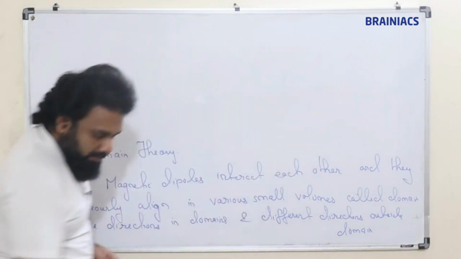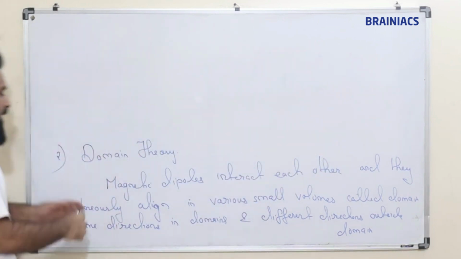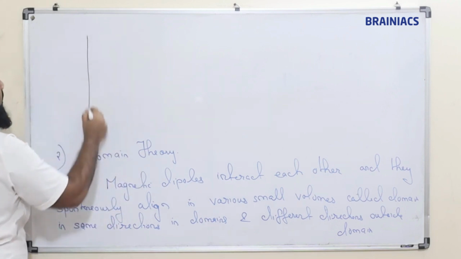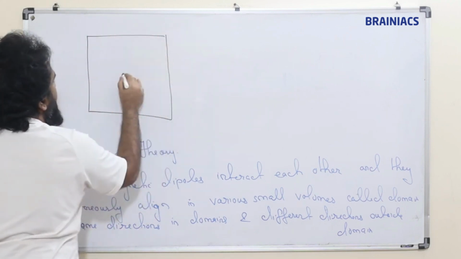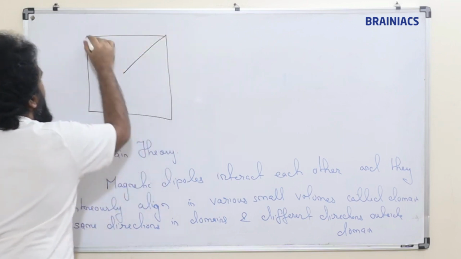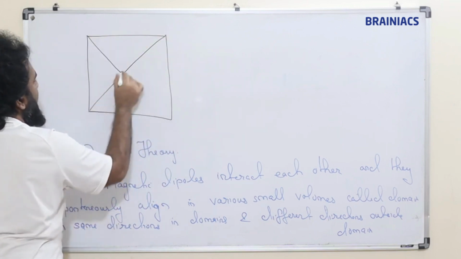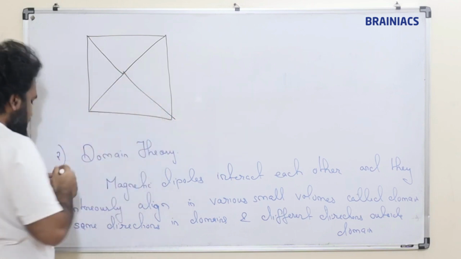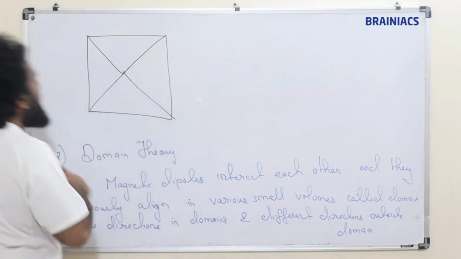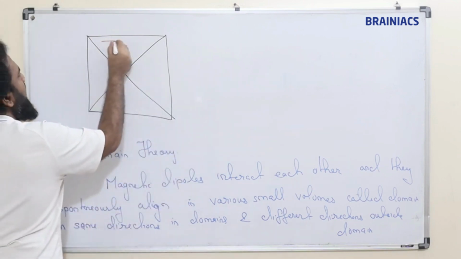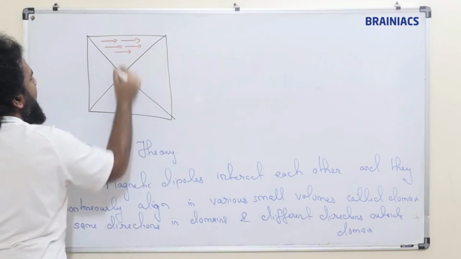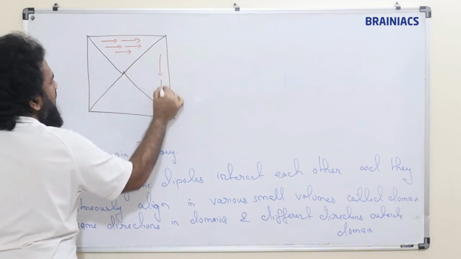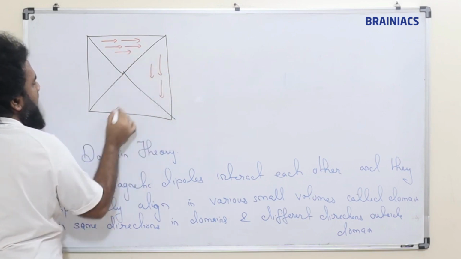So various domains will be formed. Say for example, here I am drawing 4 domains. This could be 4, 5, 6, any. This is one domain, and in it we can see dipoles like this.